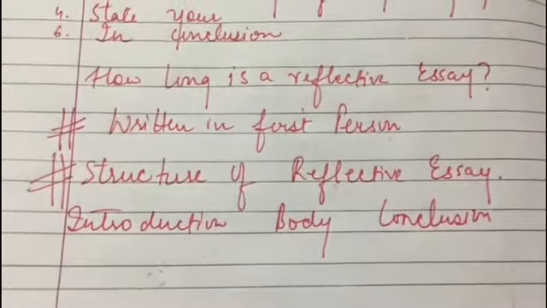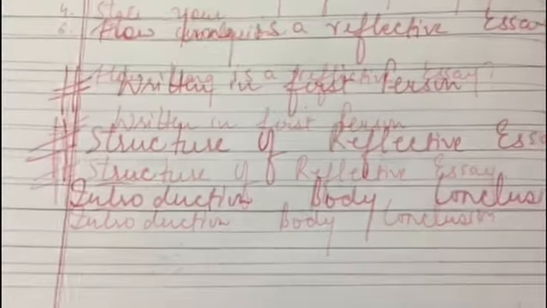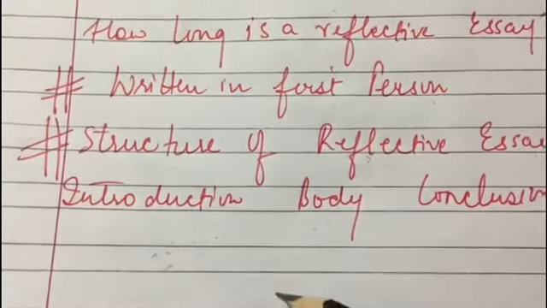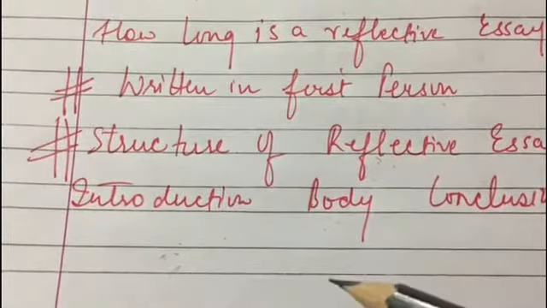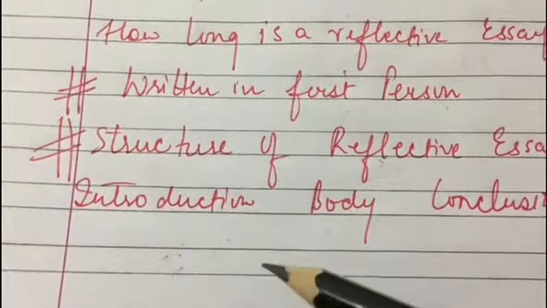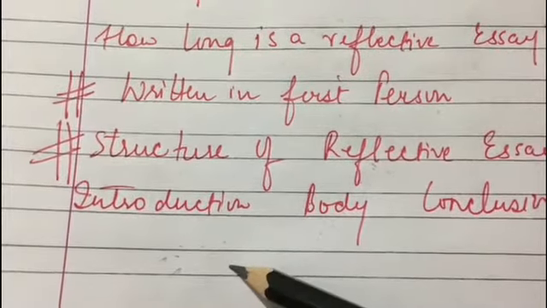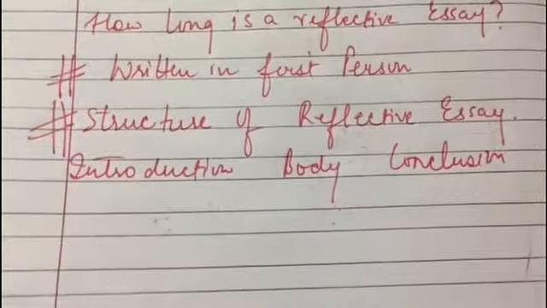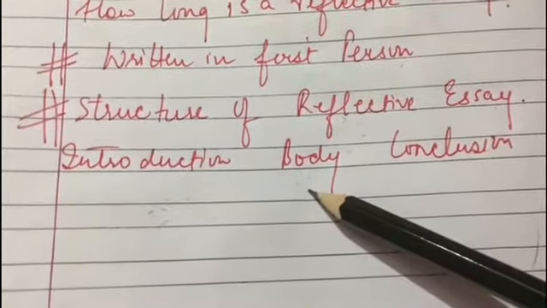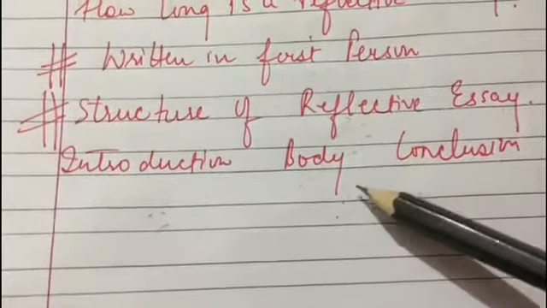Also keep in mind that you have to give a quick overview of your experience. Don't give too much information. Just ensure that the body of your reflective essay is well focused and contains appropriate information.